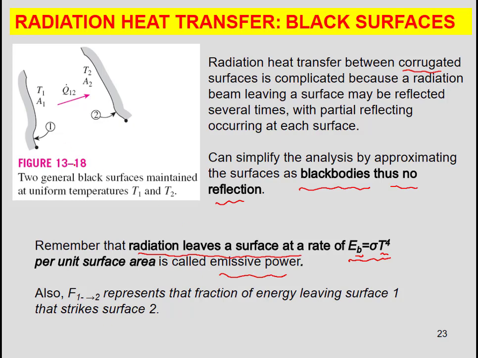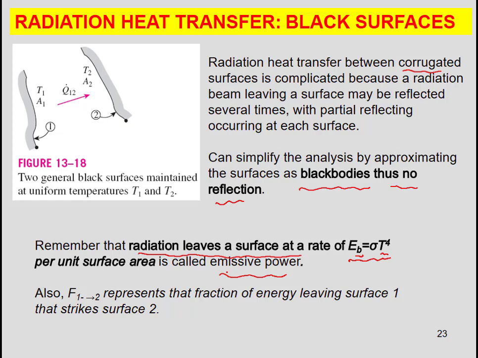The radiation which leaves the surface has this amount of power, which is dependent on the temperature of the surface. And for black bodies, as I told you, we don't have any reflection, so all of the radiation power, or emissive power, is equal to sigma T^4, which is only due to the emission from the surface.